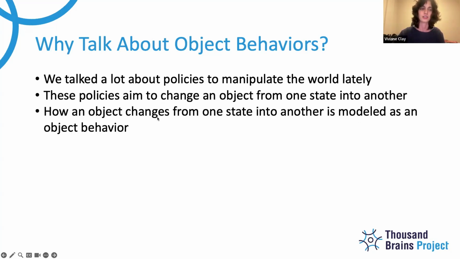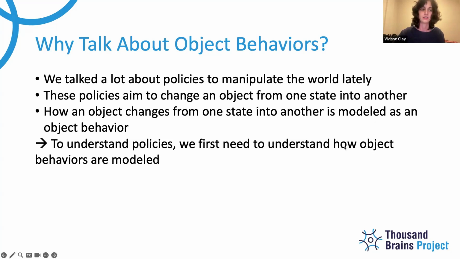And how an object changes from one state into another is modeled as an object behavior. So to understand policies, we first need to understand how object behaviors are modeled. If we understand that, it will be a lot easier to talk concretely about policies and what exactly learning modules might be communicating to achieve goals.